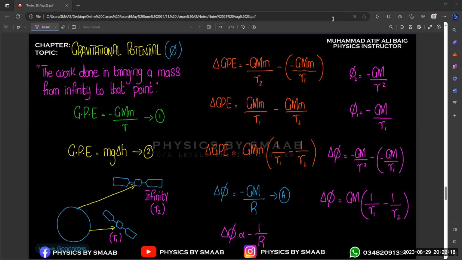If you are moving very far away from the planet, and from that point, when you start moving into the gravitational field, your potential will be high, right? Just like the example of the asteroid. If an asteroid just starts moving from space towards the earth's surface, it will turn into a fireball because of that great gravitational potential energy, right?